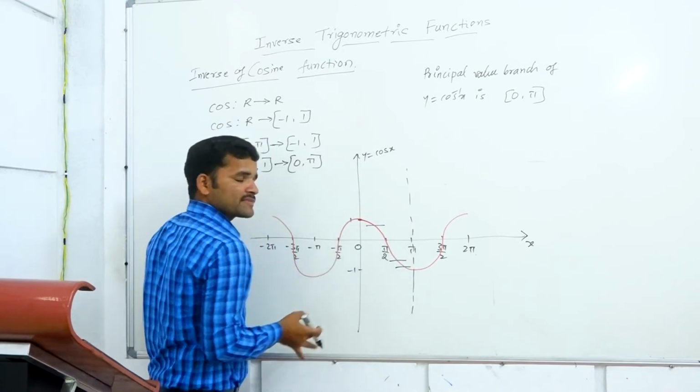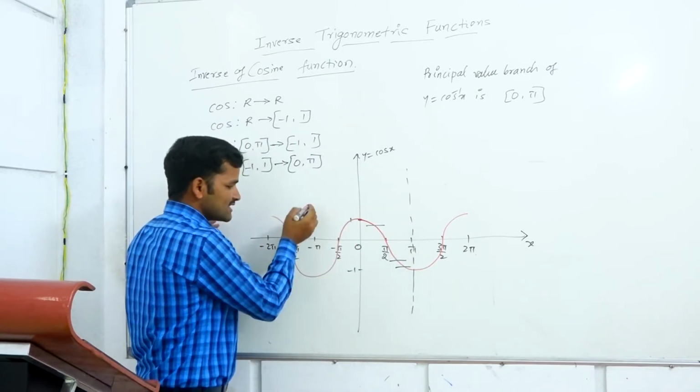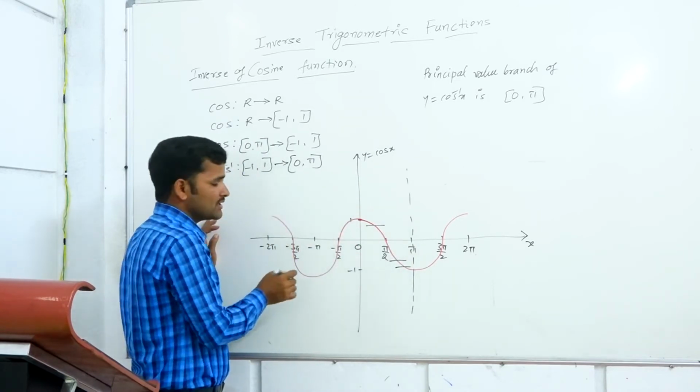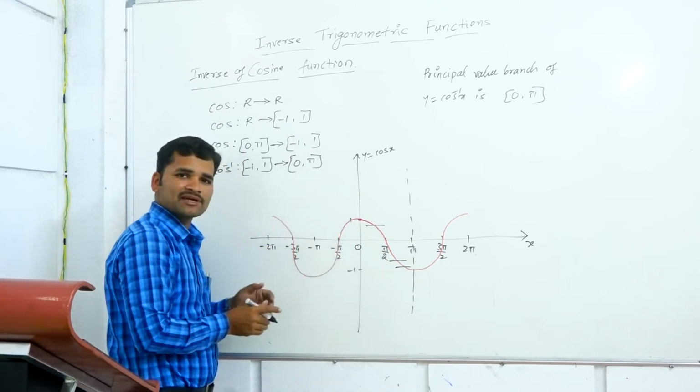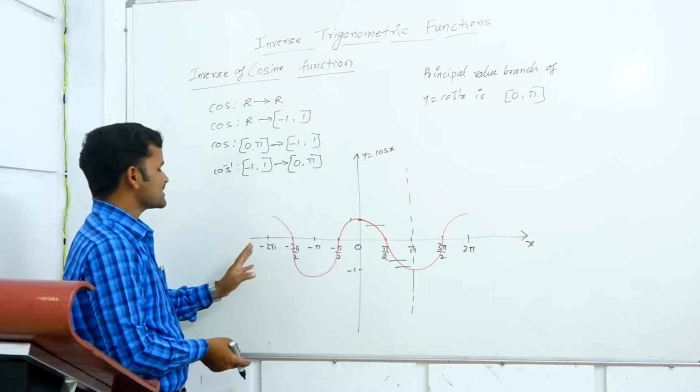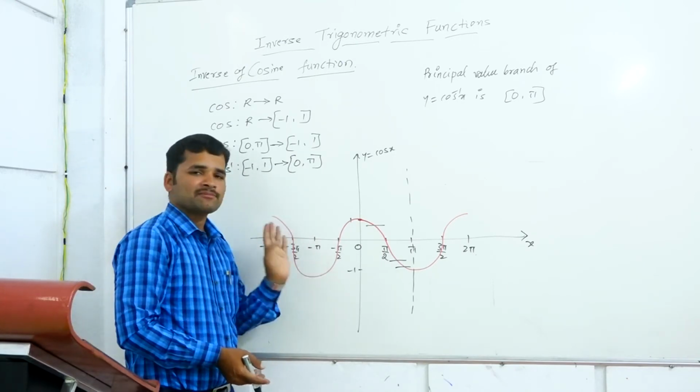0 to pi you can consider, or you can consider it from minus pi to 0 also. If you consider from minus pi to 0, you see again the given function becomes 1-1. You can consider it from minus 2 pi to minus pi.